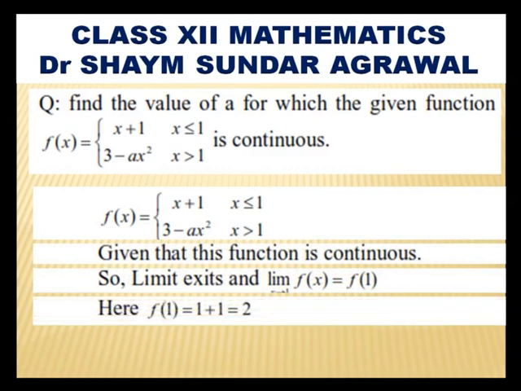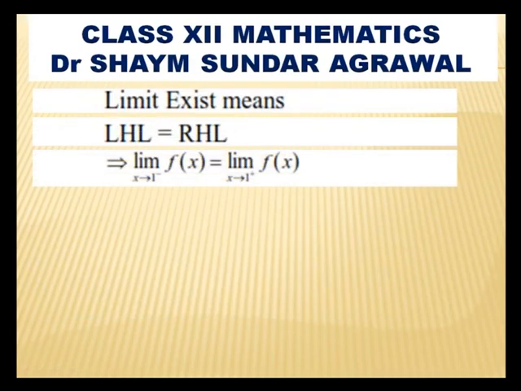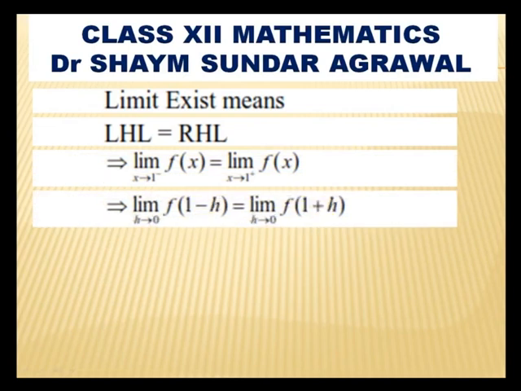Hence its functional value f of 1 is equal to 1 plus 1, which is equal to 2. Now, limit exists means left hand limit and right hand limit both are same. The limit x tends to 1 minus f(x) equals limit x tends to 1 plus f(x). That is, limit h tends to 0 f of 1 minus h and limit h tends to 0 f of 1 plus h both are same.